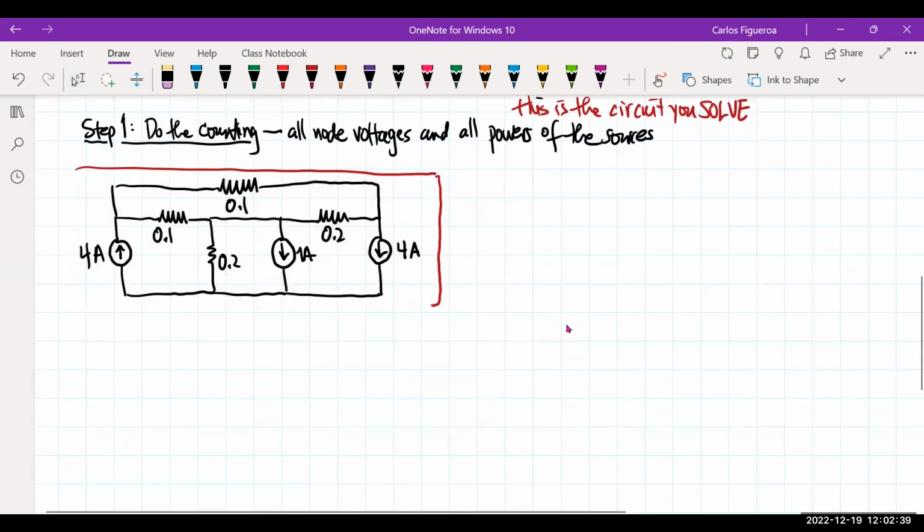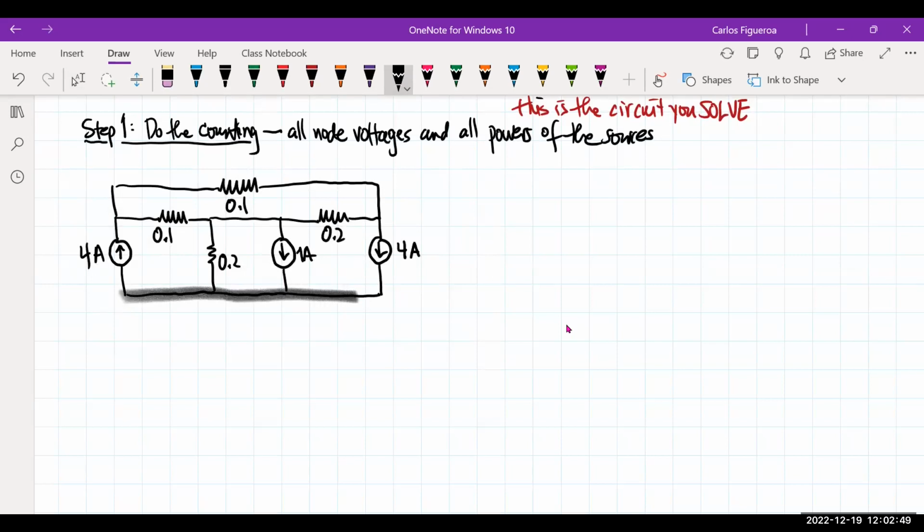And so now I start labeling. The first thing you got to do is pick a ground. Probably the most common place to pick a ground would be down here at the bottom. So here's my ground, and we know that's 0 volts. Then I'm going to use colors to do this. Let's say this is my first node.